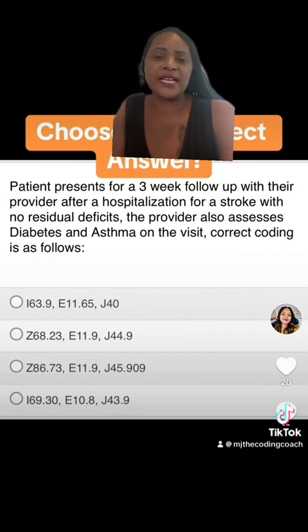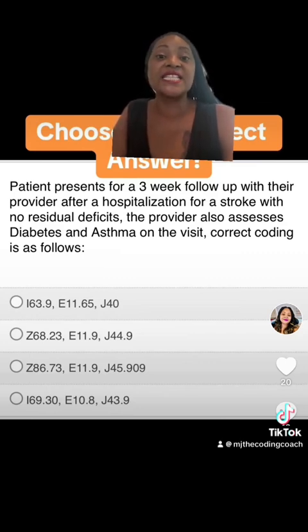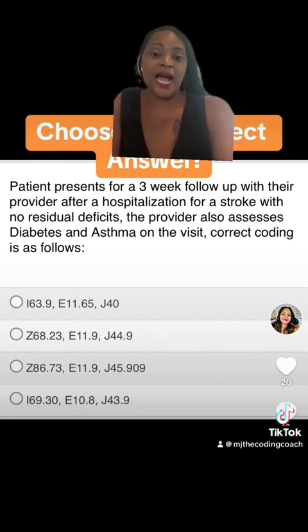I will also know that because J44.9 is COPD unspecified. This question asks nothing about COPD. COPD isn't even mentioned. So now the options are between A as in apple and C as in Charlie.